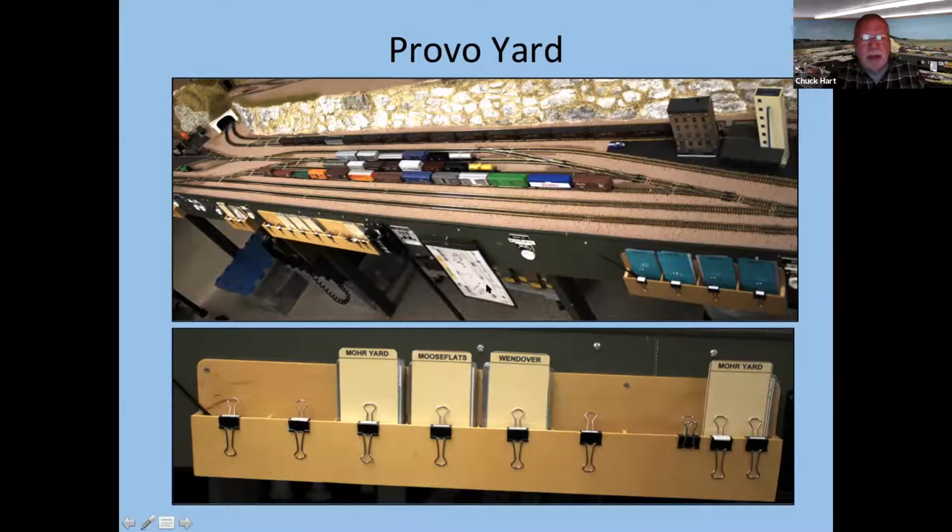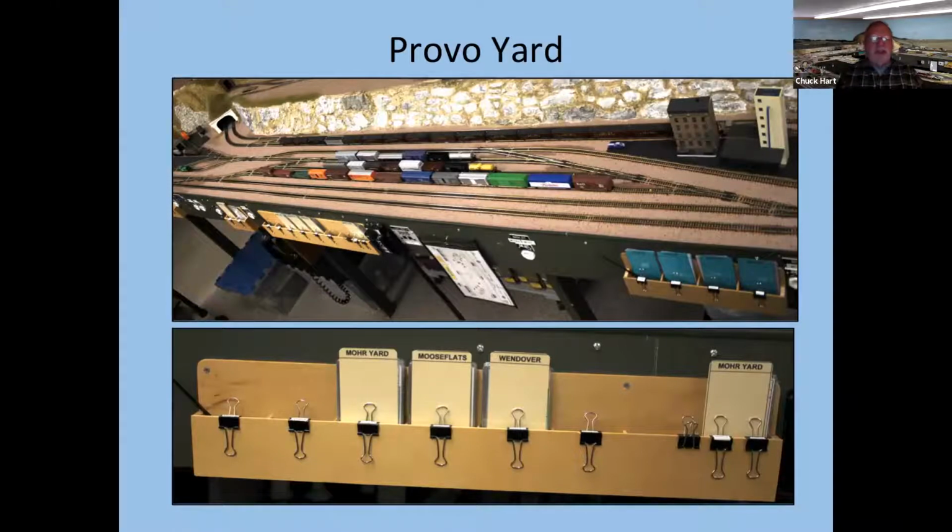As long as we're talking about this, I should say that on the back side of this thing that's hanging here is all the instructions on how to operate this yard for the yard master, for Provo Yard, for instance.